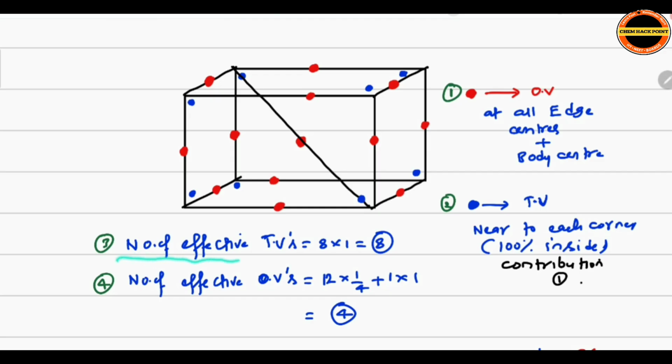So the number of effective tetrahedral voids is 8 into 1, because 8 corners, 8 tetrahedral voids, and the contribution is 100%, so 8 tetrahedral voids. Number of octahedral voids: at the edges, how many? Edge centers 12, and each edge center's contribution is 1 by 4. Plus 1 body center octahedral void with 100% contribution, so the overall number of effective octahedral voids is 4.